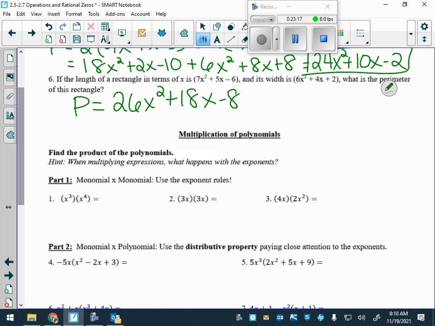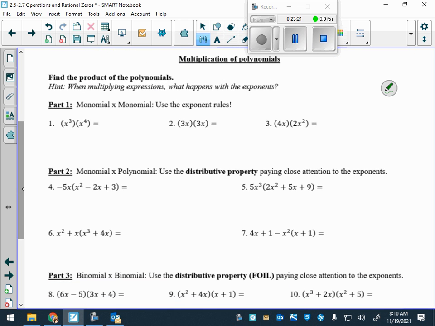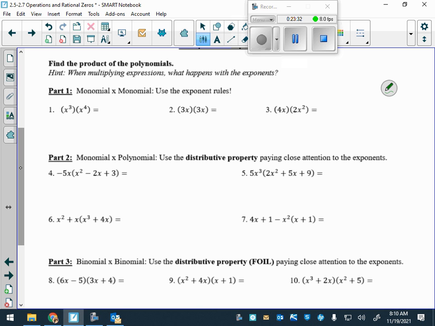Good. Perfect. Okay. So now, when we're multiplying, what happens to those exponents? What do we do when we multiply? Add the exponents, right? So if we have 2 monomials and we're multiplying, if we have x cubed times x to the 4th, what do we end up with? Emily? X to the 7th.